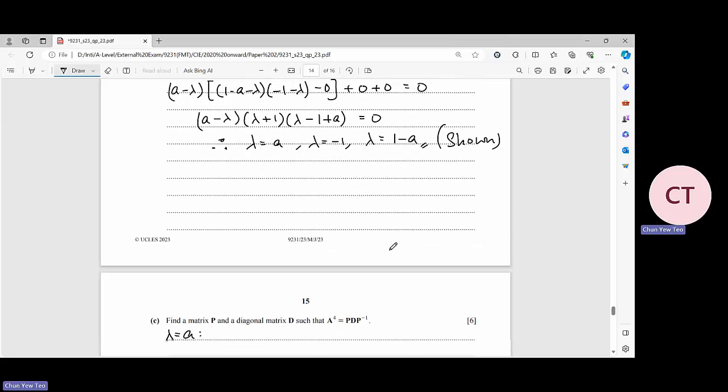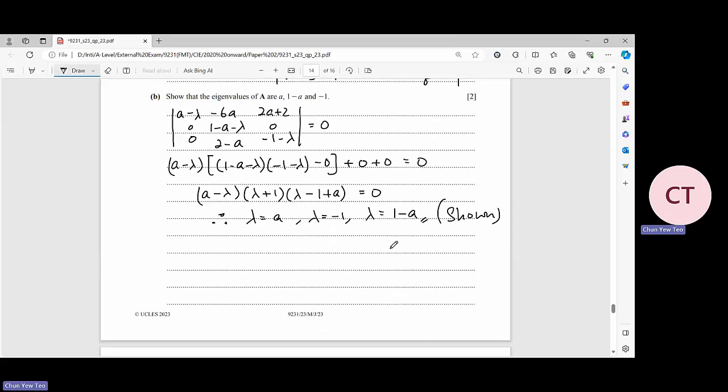Okay, so if you substitute lambda equals A inside, this one you will get 0, negative 6A, 2A plus 2. Okay, and the second row will give you 0, 1 minus 2A, and 0.